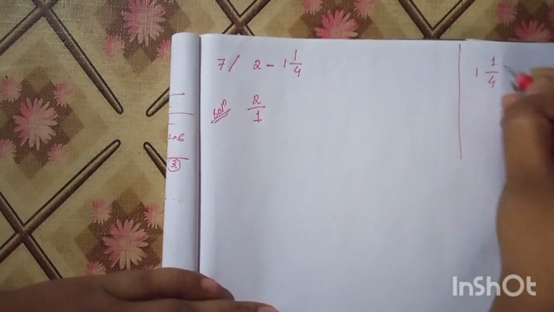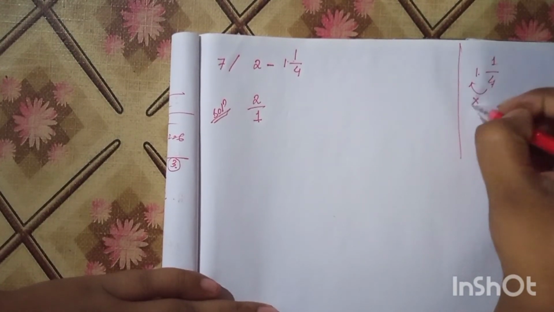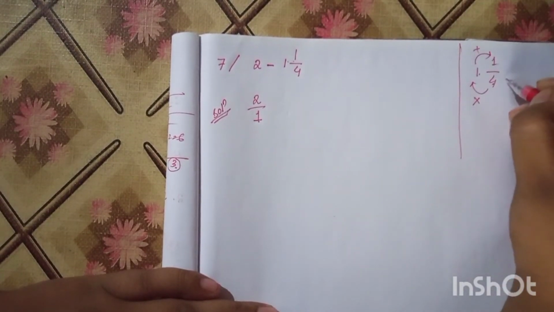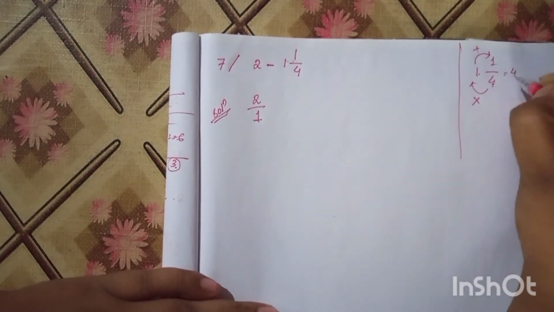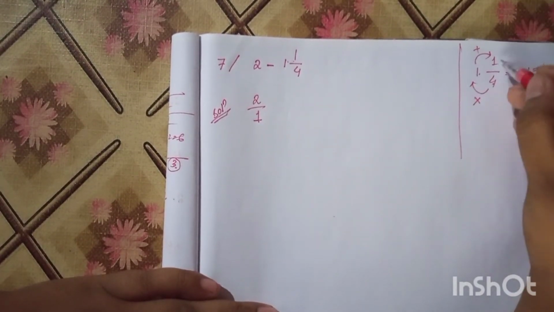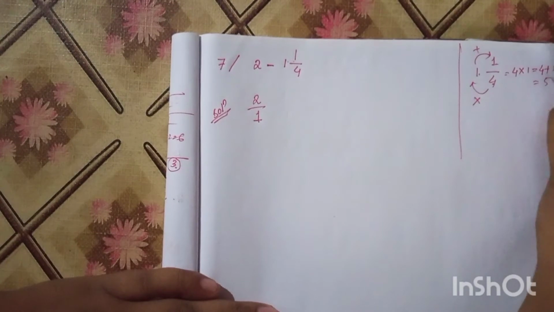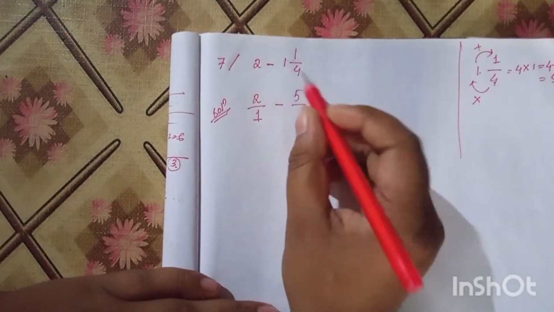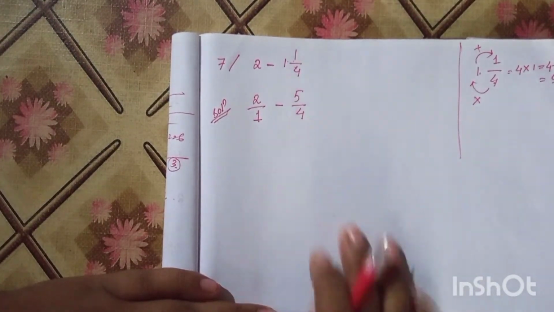We should multiply the denominator with the whole number and then add the numerator. So first we multiply: 4 ones are 4, plus 1 is equal to 5. It means 5 by 4, the denominator will remain the same.